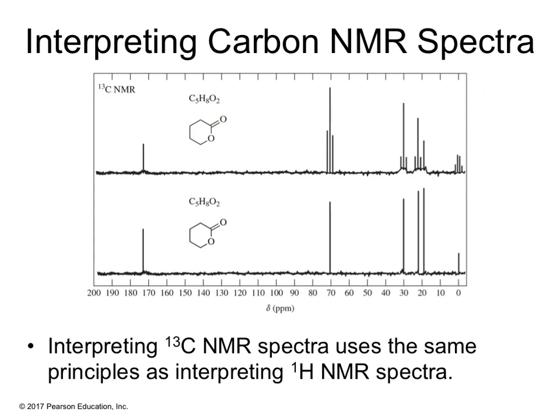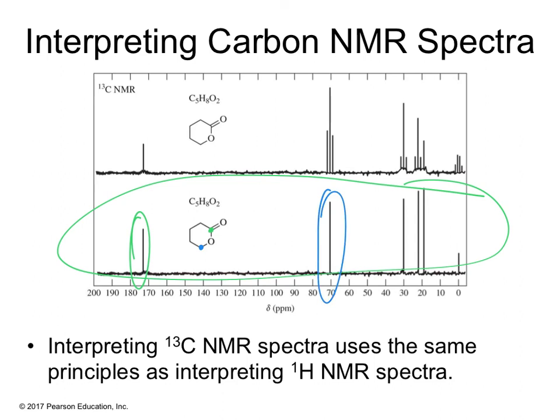Interpreting carbon, like I said, I like this one better. It's just easier. You have this carbonyl here at 175, and then the next carbon is at 70, and then you have these other 3 here, 1, 2, 3, in the alkane region.